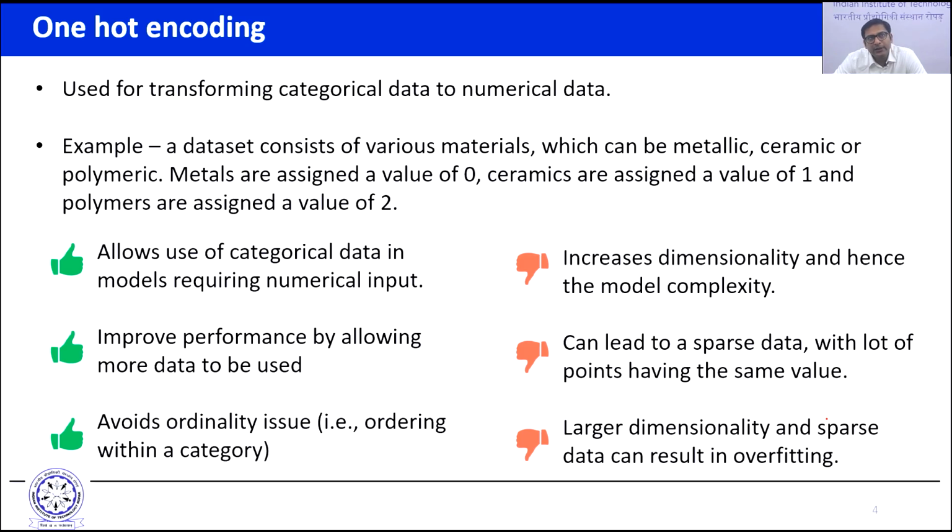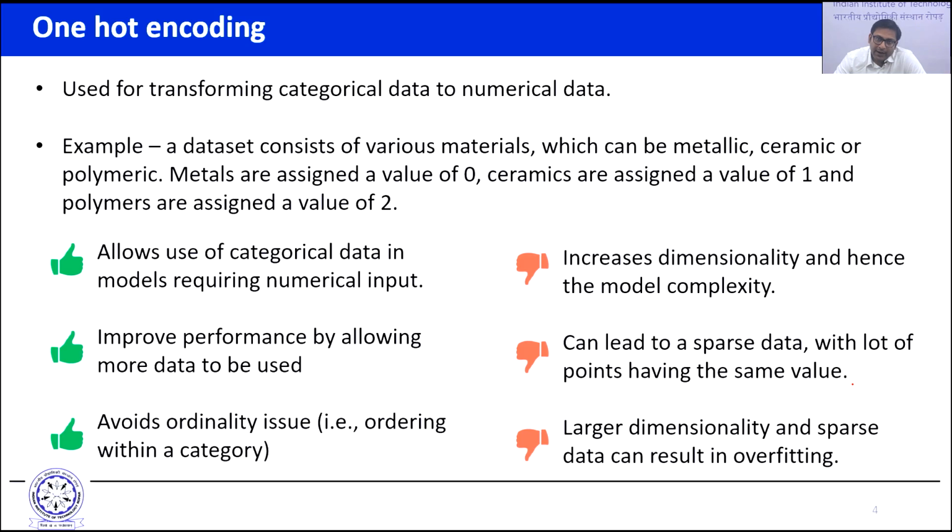Also, the very advantage you get by bypassing the ordinality problem means that a lot of the data starts getting collapsed into a single point. You are basically artificially clustering your data, so that can again result in some issue.